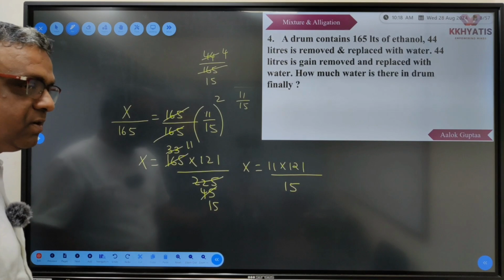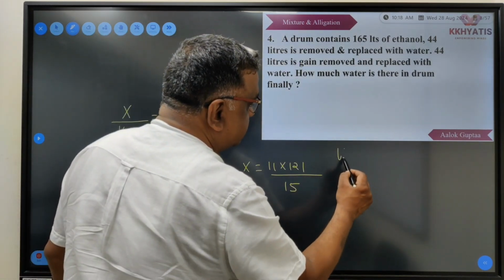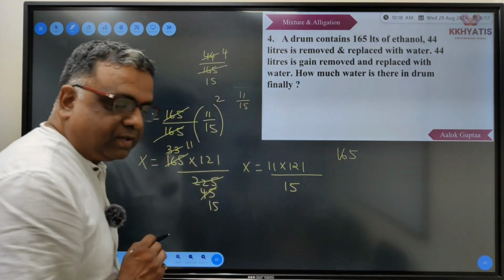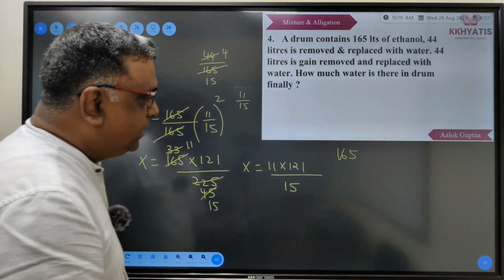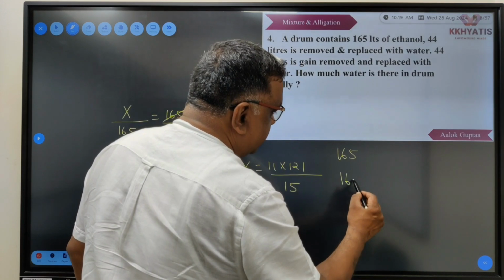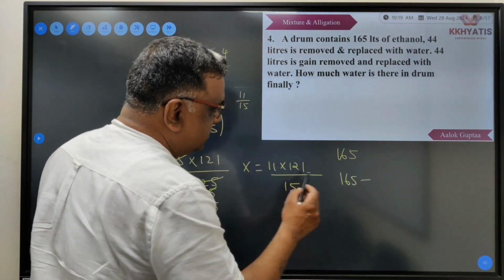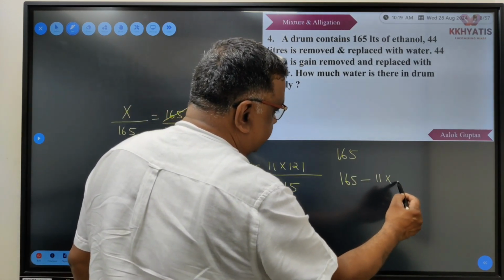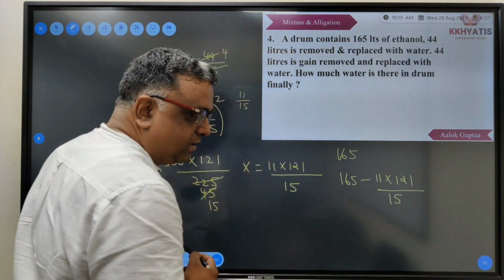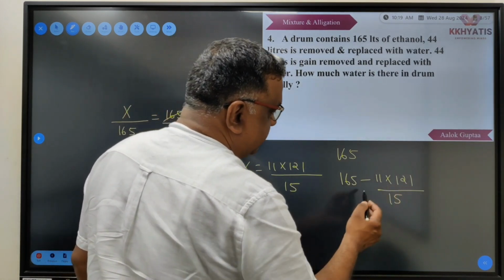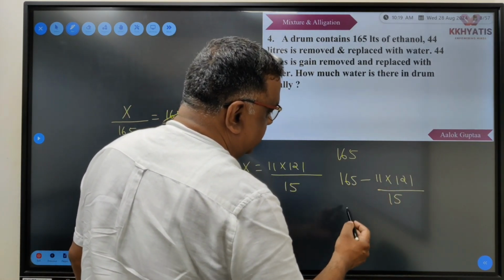What is the total final quantity? It is 165. Correct? Which means that the water that is left would be total final quantity minus the quantity of ethanol. Correct? Now I know this goes by 11, so I will take 11 common here.